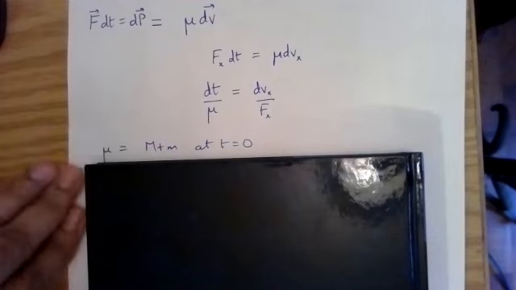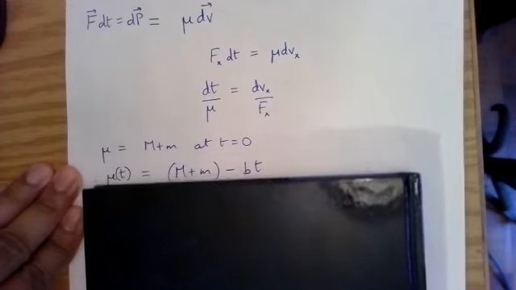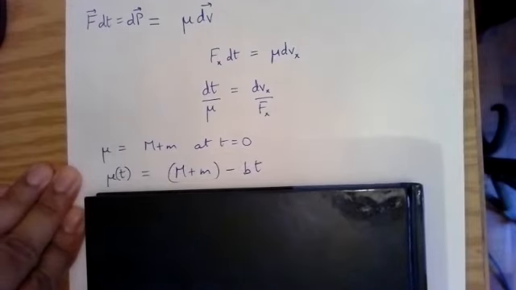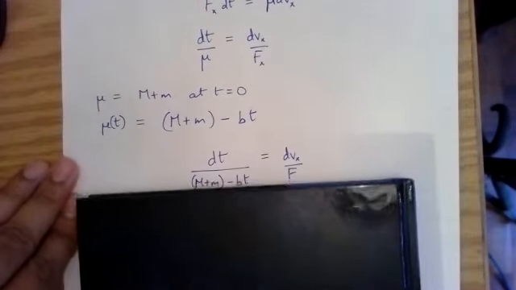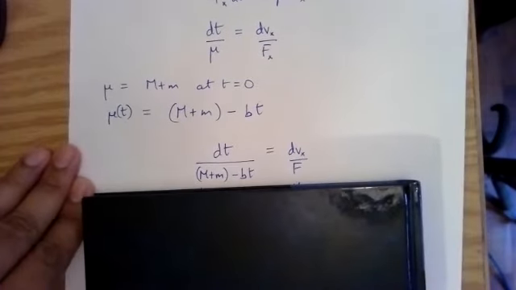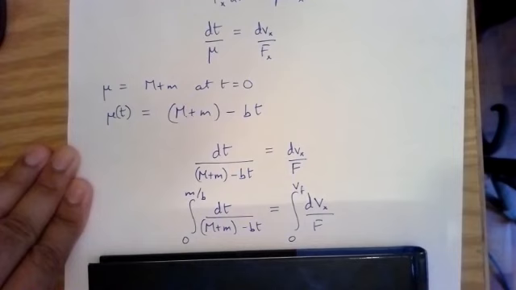What do we know about mu? We know that mu is equal to capital M plus little m at t equals 0, and that it is changing at a constant rate b. And so we have that mu of t is the quantity M plus m minus bt. Plugging that in, we have this expression, this differential relation, and we can integrate both sides.